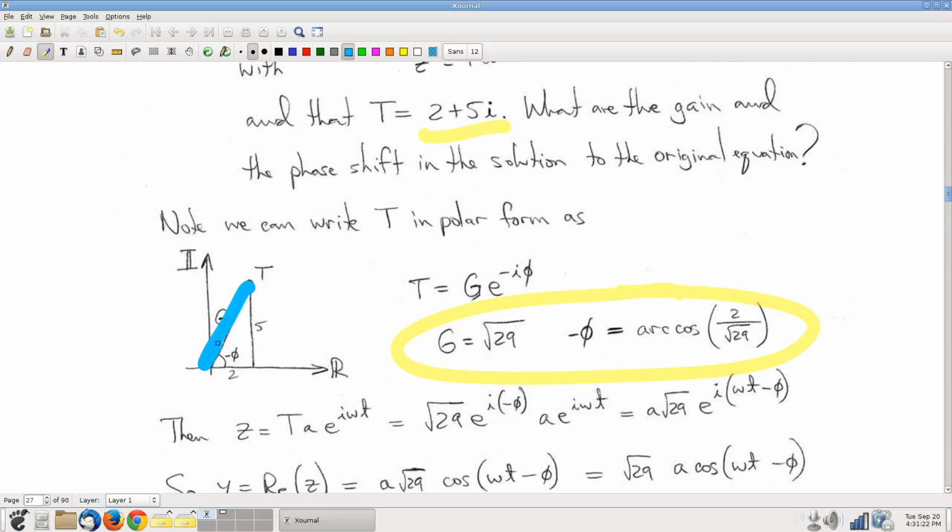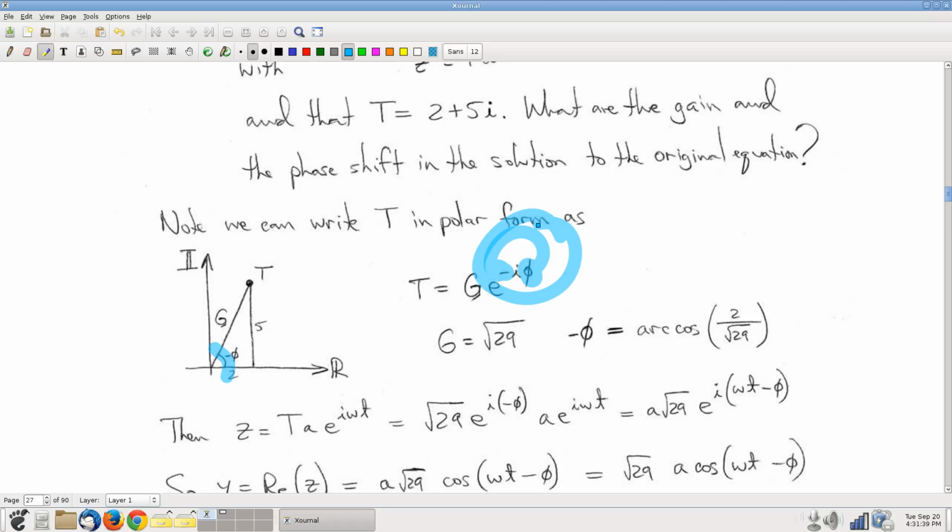The magnitude there, g, is the square root of 29. And this angle, now keep in mind the angle is minus phi. Right, that's the angle for the complex number in question. That minus phi is that. Again, just a little bit of trig there.